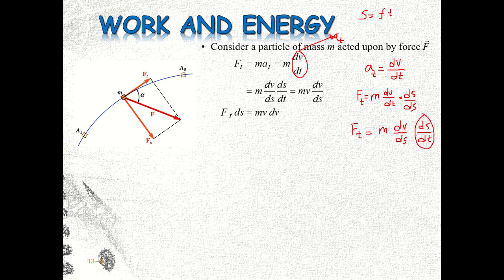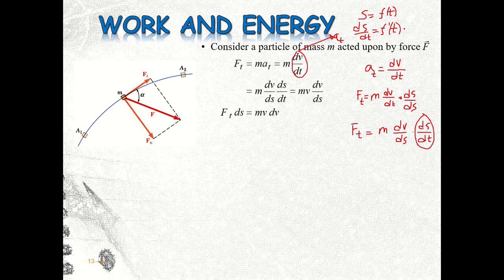When you take the derivative of s with respect to time, this is just the same as f prime of t, and this is our velocity, right?